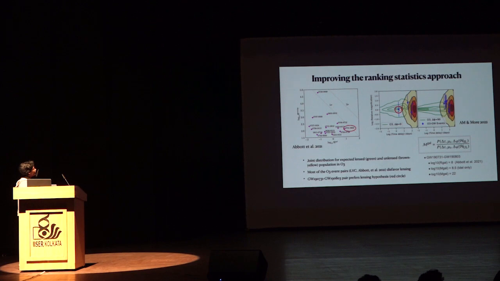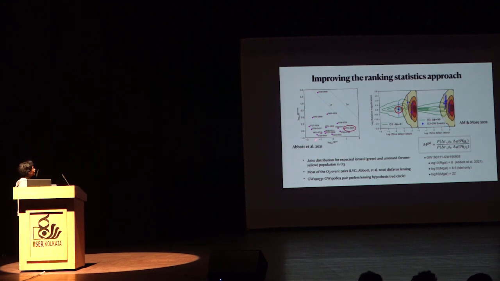So the one that is highlighted in red, this particular event, we can boost the value of the rank that is assigned to this if we make use of MGAL. So here you can see these green contours show the lensed population pair of events, and this particular pair of events lies very close to the peak of the lensed population.